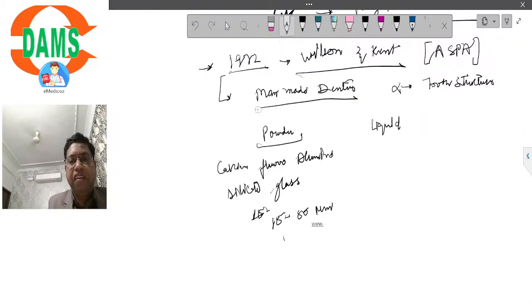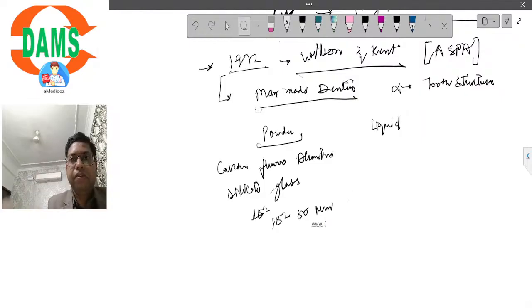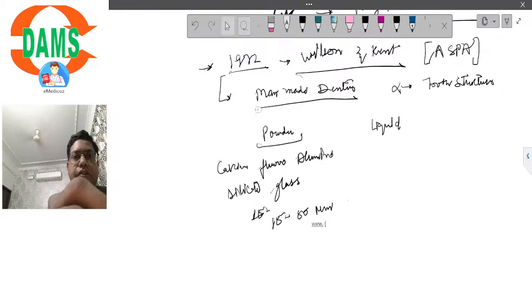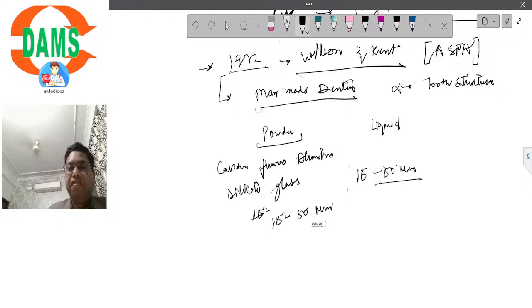The 15 micron particles are used for luting purposes, and the 50 micron particles are used for restorative needs.